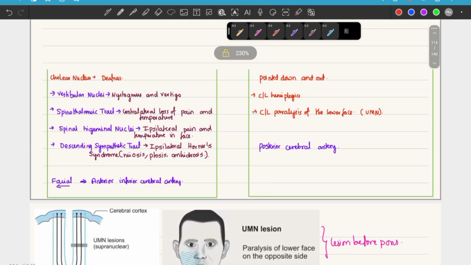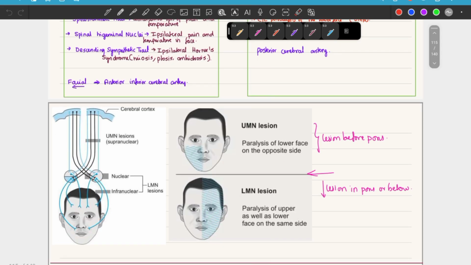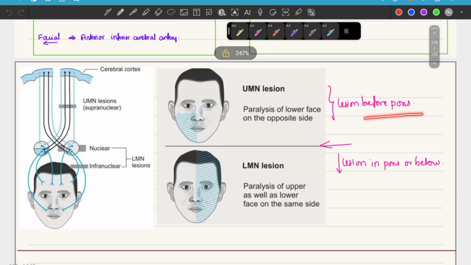Okay. Here, see, this thing is a little bit confusing, but you have to remember the pons has a nucleus for the facial nerve, isn't it? So before the facial nucleus, if there is a lesion, that is a supranuclear lesion, that will lead to upper motor neuron lesion.